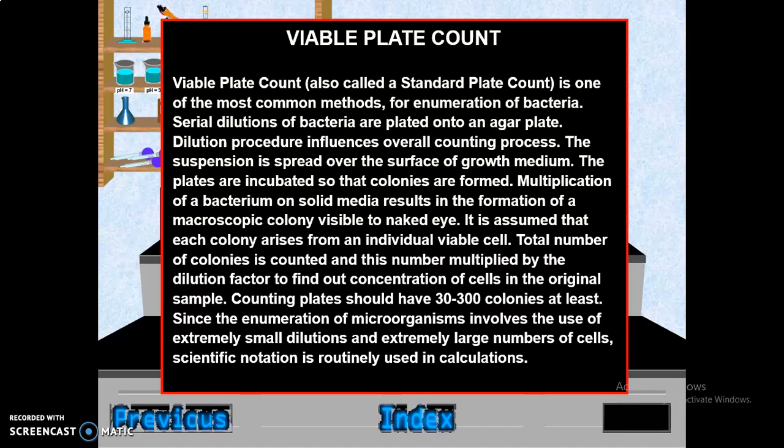The plates are incubated so that colonies are formed. Multiplication of bacteria on solid medium results in the formation of a macroscopic colony visible to the naked eye. It is assumed that each colony arises from an individual viable cell.